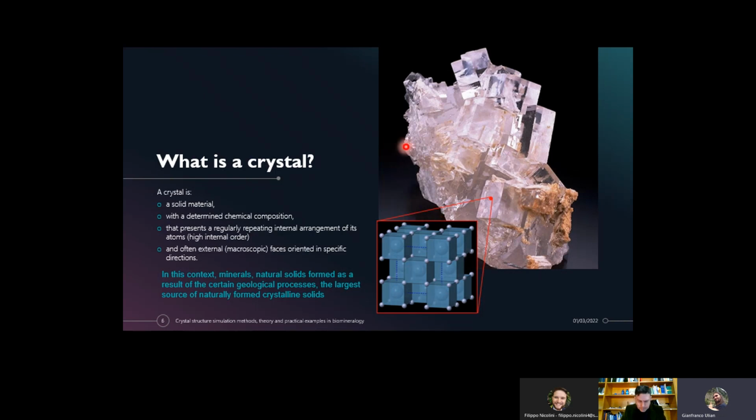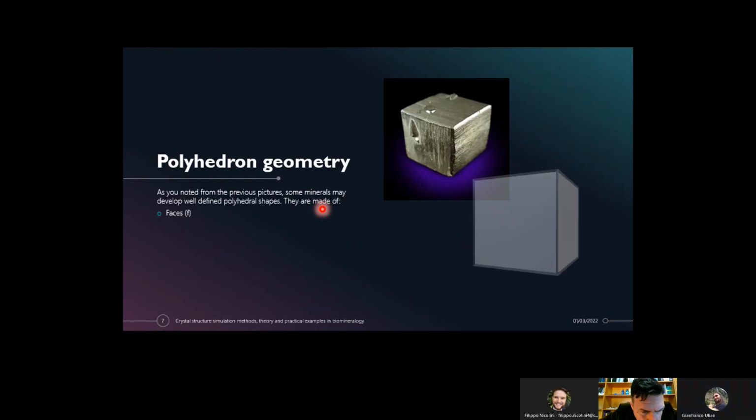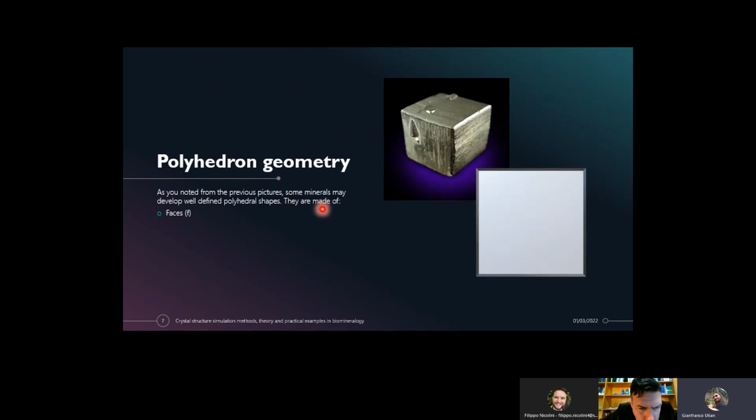Okay, in fact, as you can see, minerals that are made in geological conditions, but also in biological conditions, represent the largest source of naturally formed crystalline solids. Crystals can also be, obviously, synthetic materials.